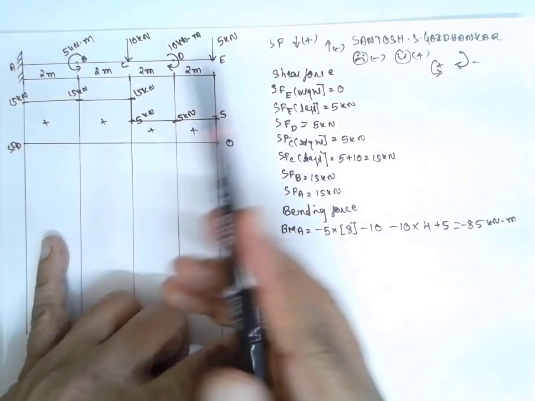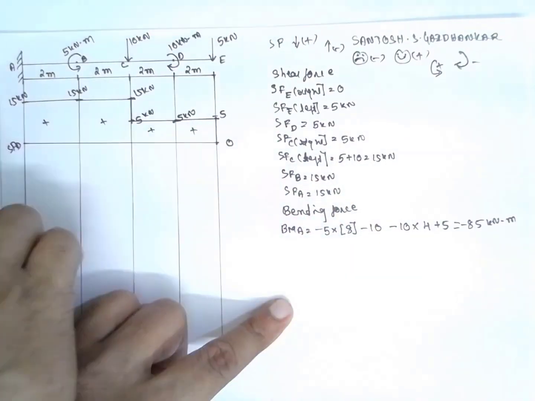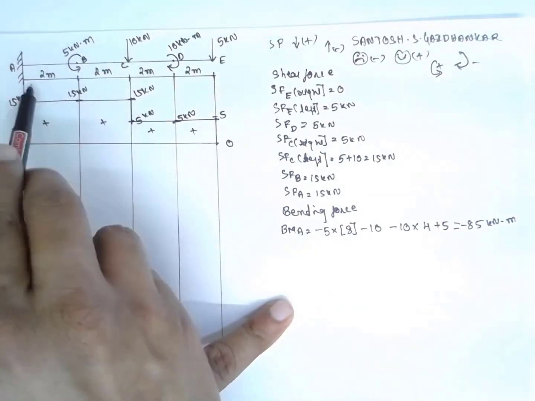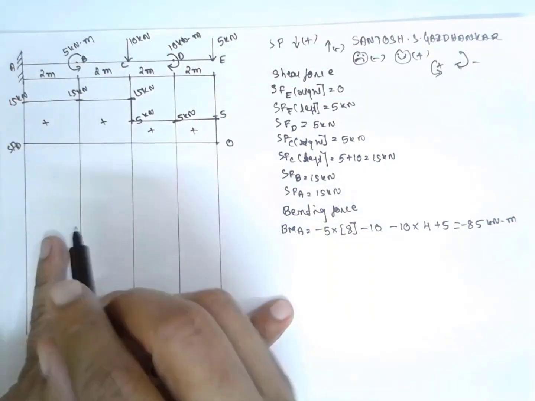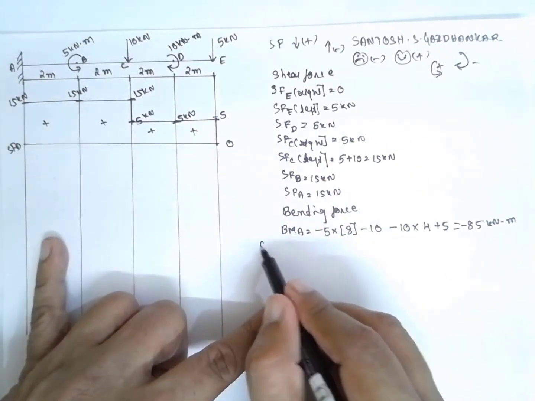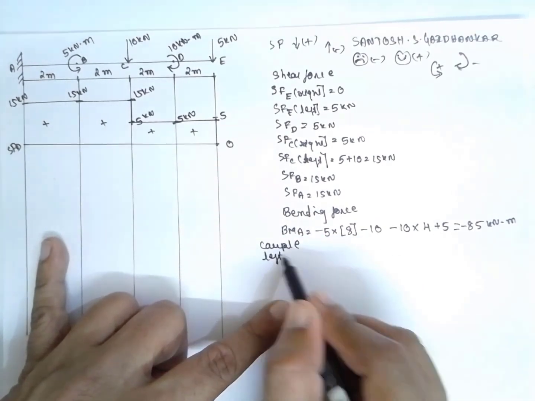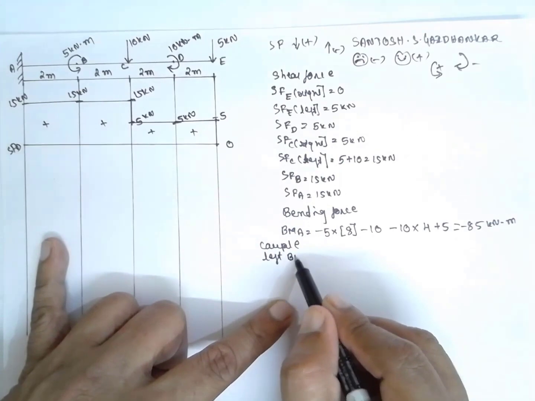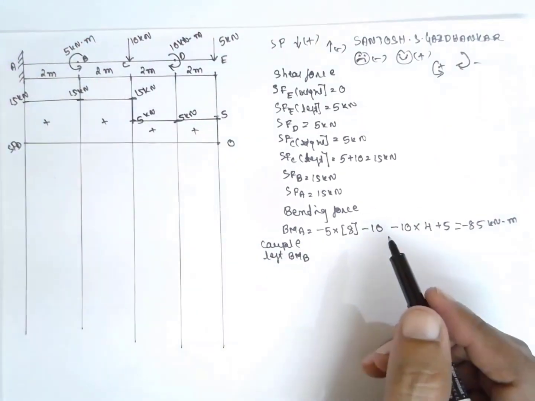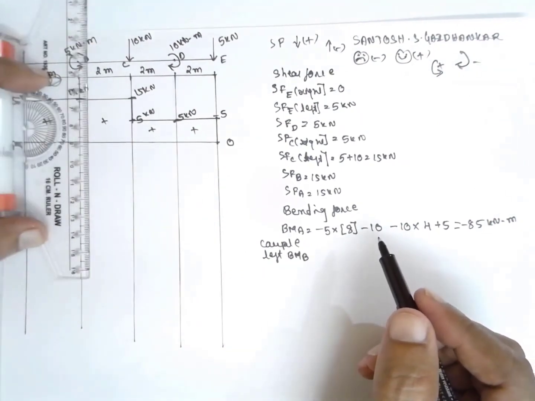Now A is completed, now B. There is a couple, therefore you have to consider right and left. As I have started from the left side, first I will consider left. Left means this side.